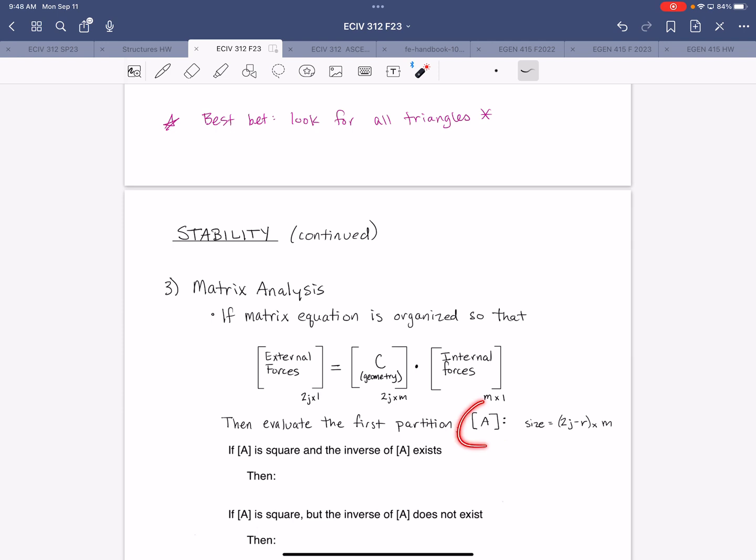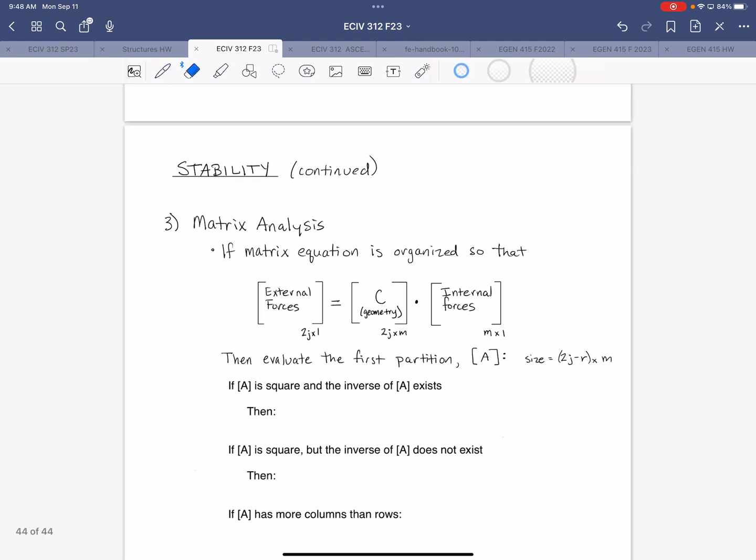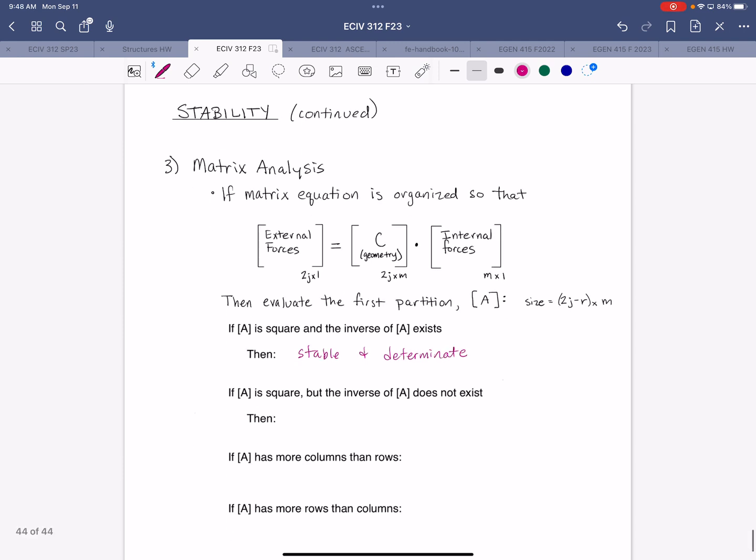If you evaluate that first partition, which should have a size of 2j minus r rows by m columns, remember, if that first partition is square and the inverse exists, then it is stable. Not only is it stable, it is also determinate. If it's square but the inverse does not exist, then it's unstable. It would be determinate because it's square, but it's unstable because you can't take the inverse.